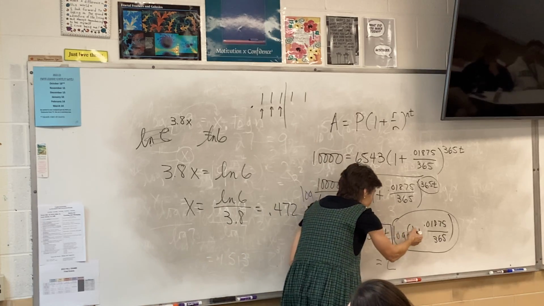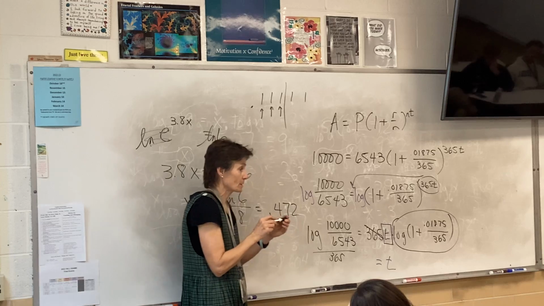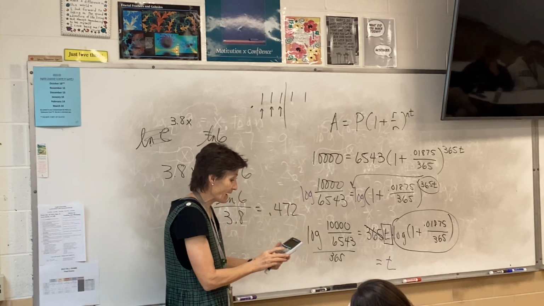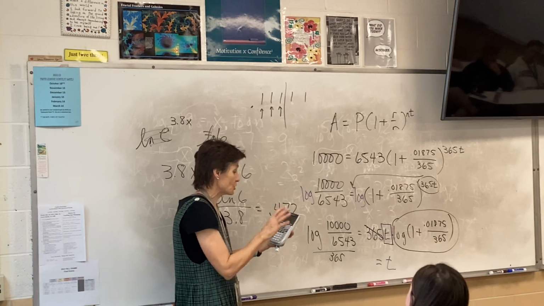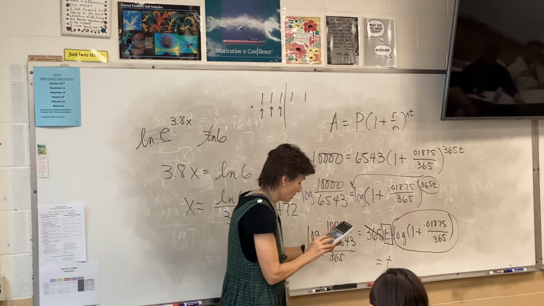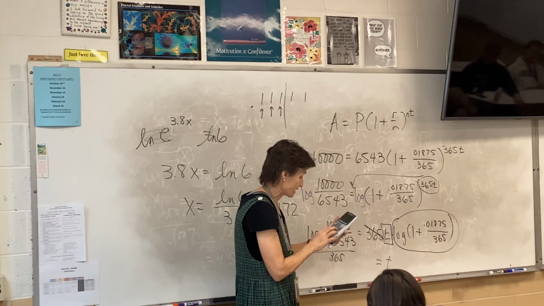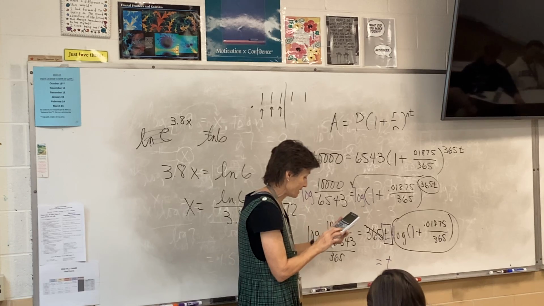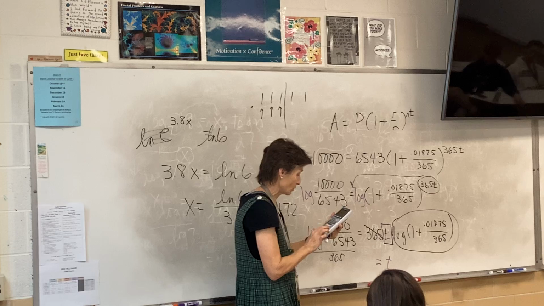We need to get rid of this number, and since that's a multiply, we're going to divide. So just hit divided by, don't retype anything in, don't worry about the e, just divided by log, 1 plus 0.01875 divided by 365, close parentheses, equals.